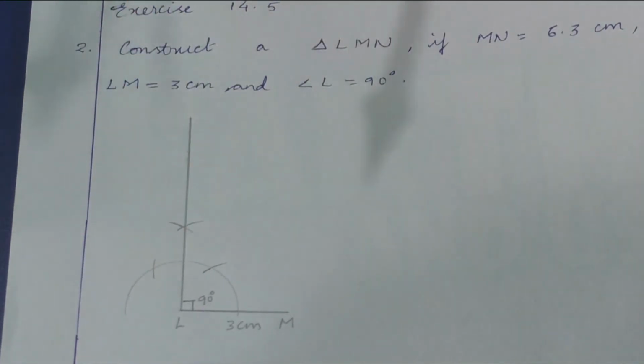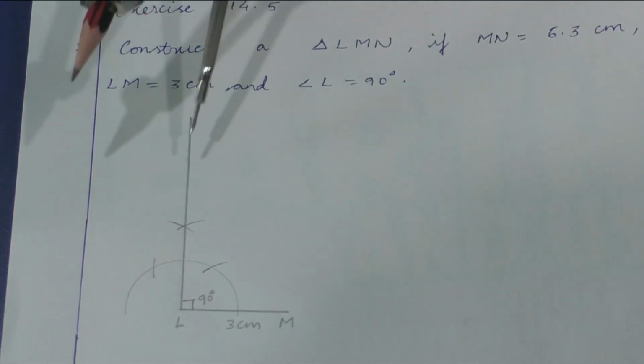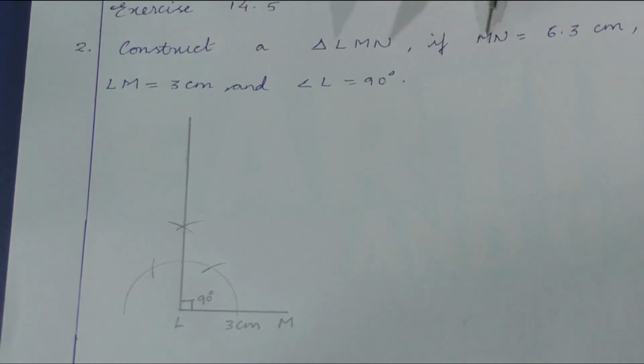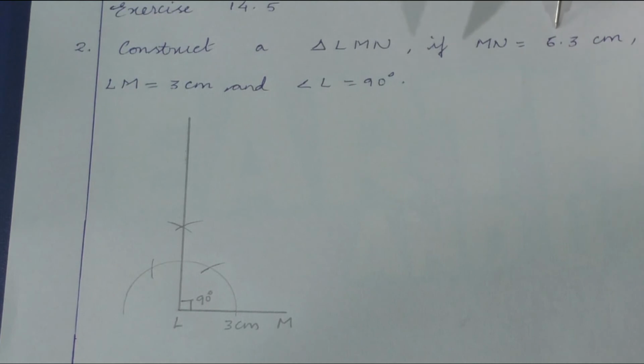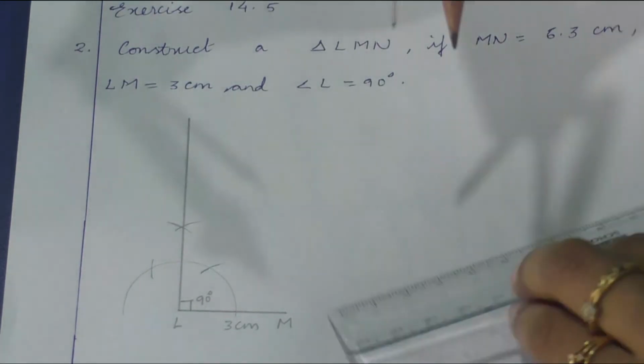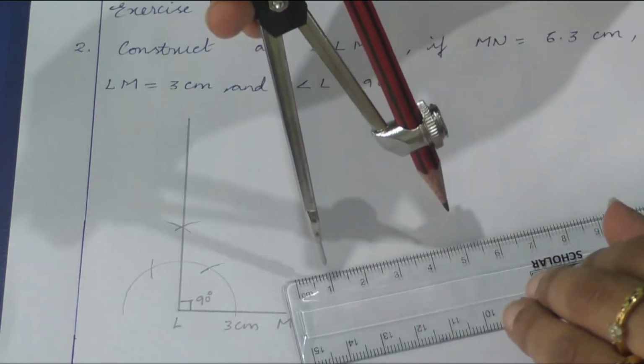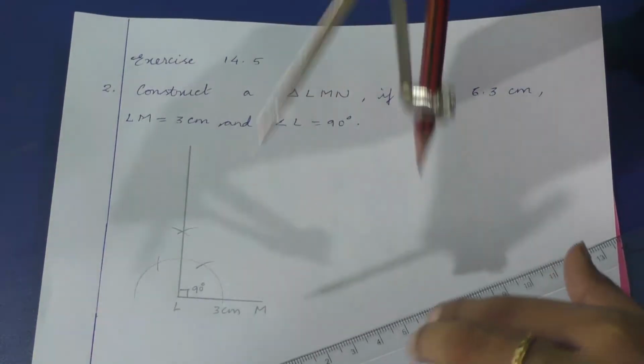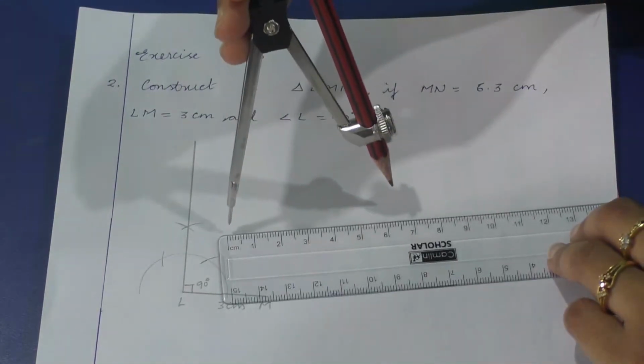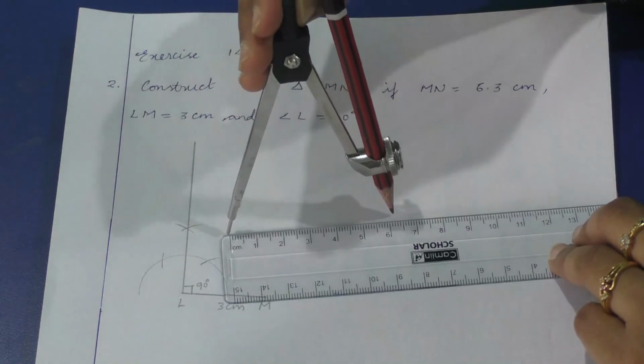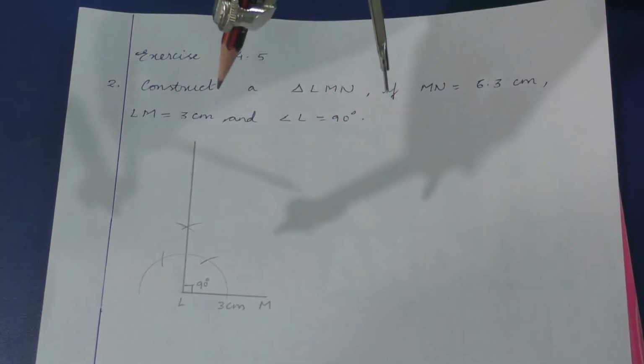Now MN is left. So in order to mark N here, we should measure MN 6.3 centimeter using your scale and the compass. Now I have measured with the scale and compass 6.3 centimeter.